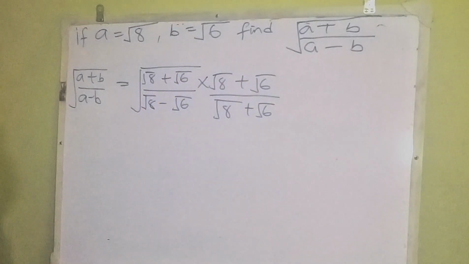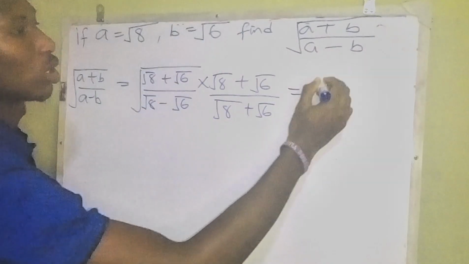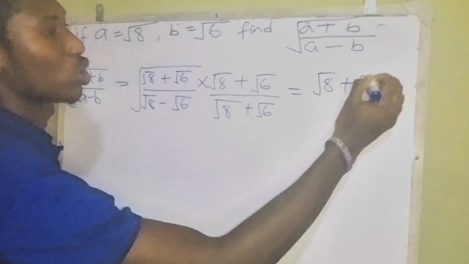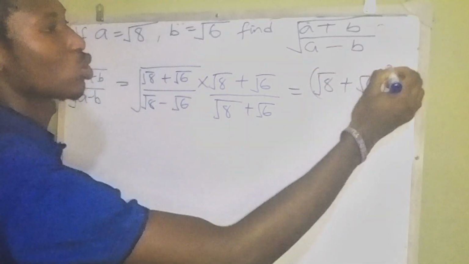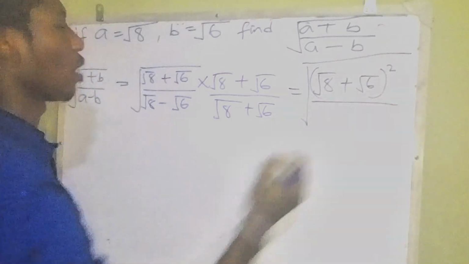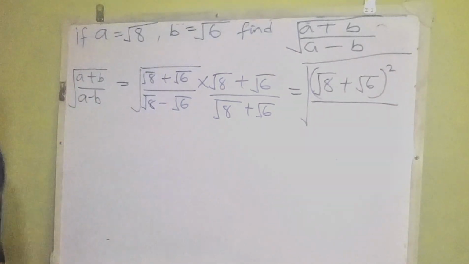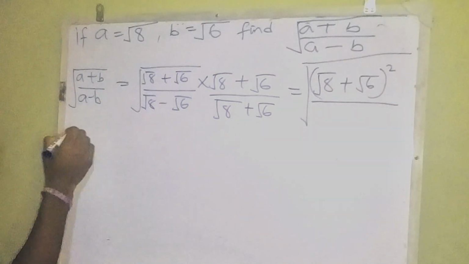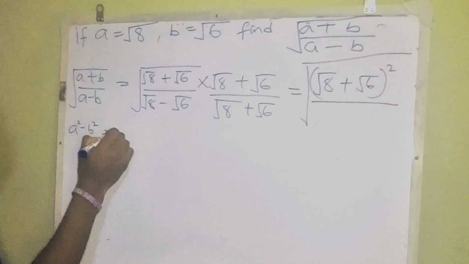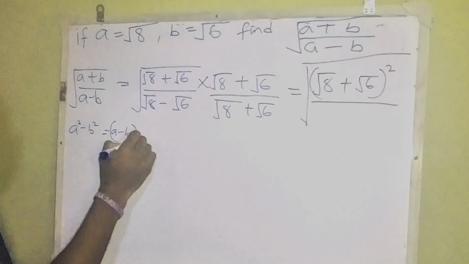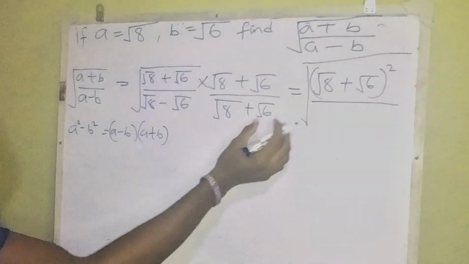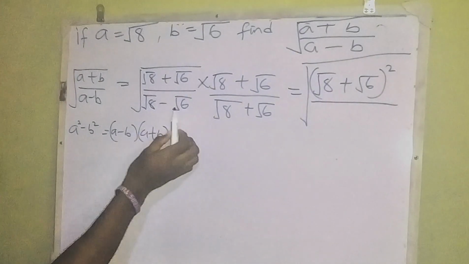They are the same thing, so we can just put it as square root of 8 plus square root of 6, all squared, in the square root, divided by the denominator. This is the same as the rule that a squared minus b squared is equal to (a minus b)(a plus b). This is a minus b and this is a plus b, so it will be a squared minus b squared.